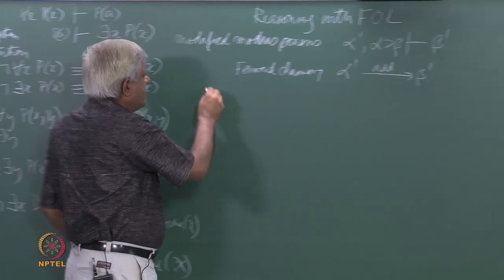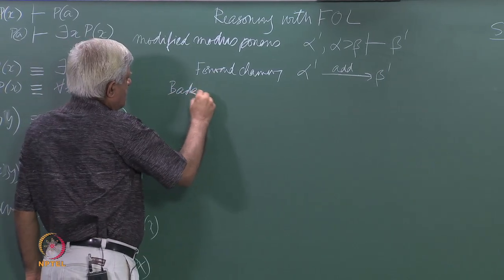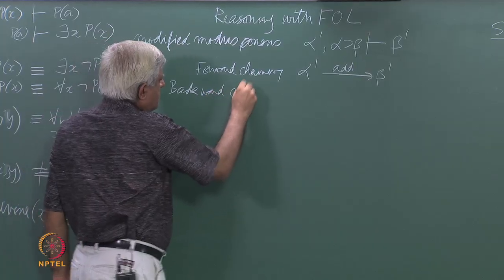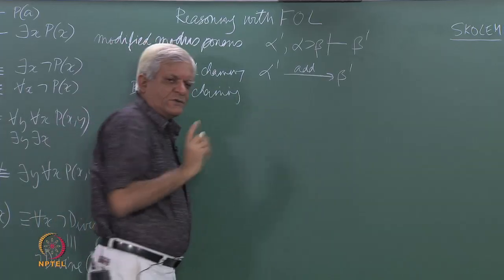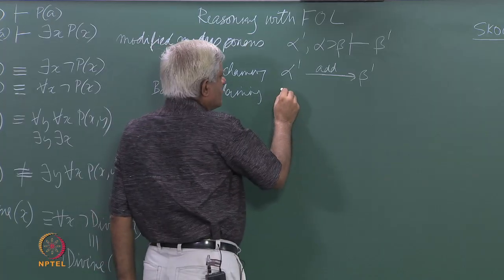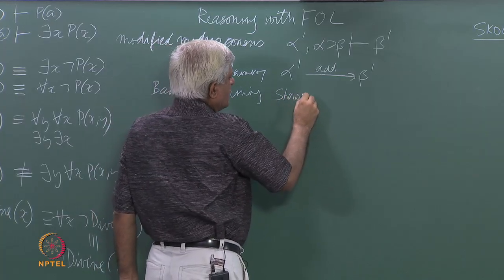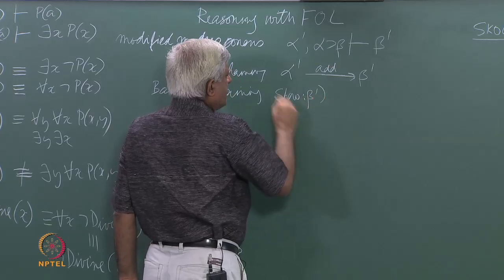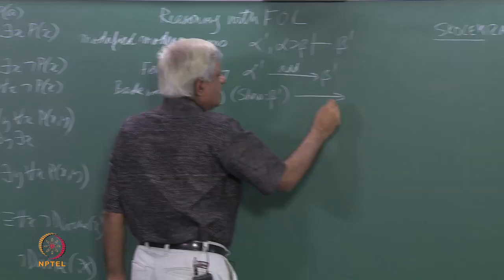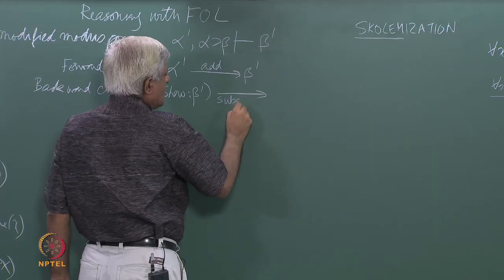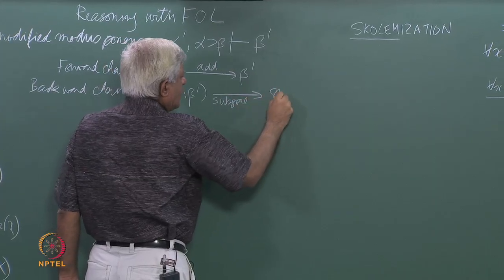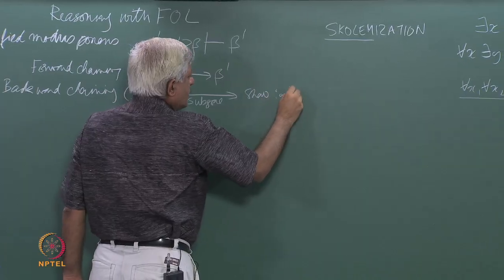In backward chaining, you want to show beta prime. So, we use this convention show beta prime. So, we have a sub goal now, show alpha prime.